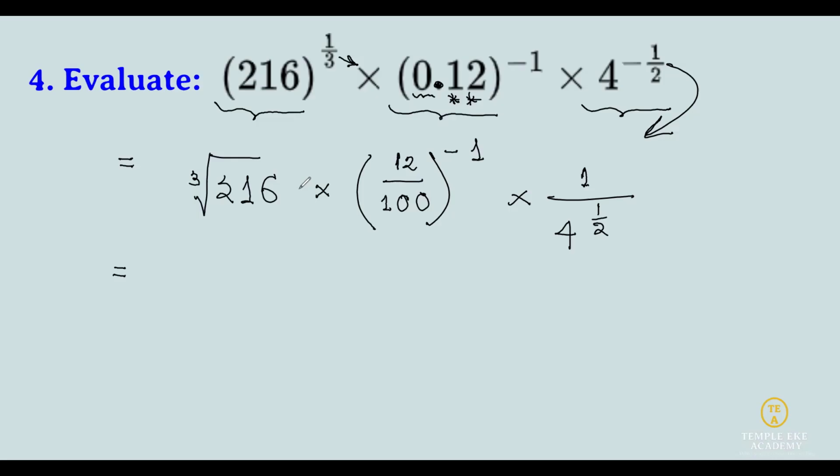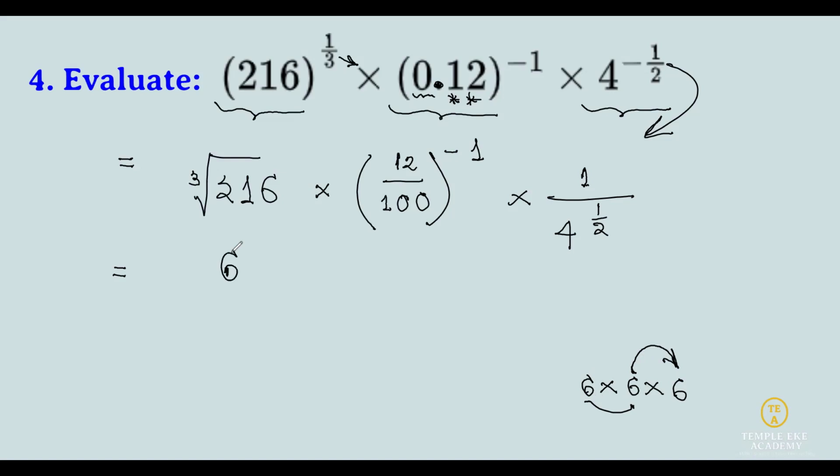Can it be 5? 5 multiplying itself 3 times gives 125. Can it now be 6? So test that out. Can 6 multiply itself 3 times to give 216? Let's try it. 6 multiplied by 6 gives us 36. The 36 multiplied by 6 is actually 216, which means the cube root of 216 is actually 6.